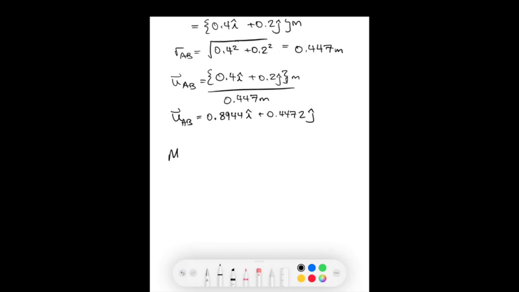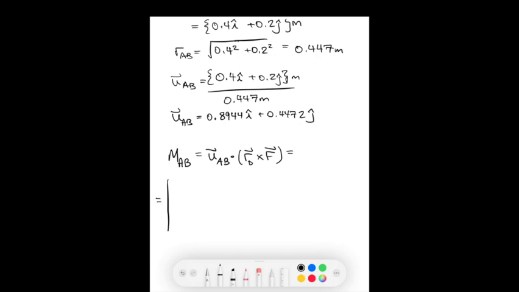So we're going to set up our determinant. We know that the magnitude of the moment about the axis AB is equal to the unit vector dot product of this cross product. And we're going to set up a determinant.